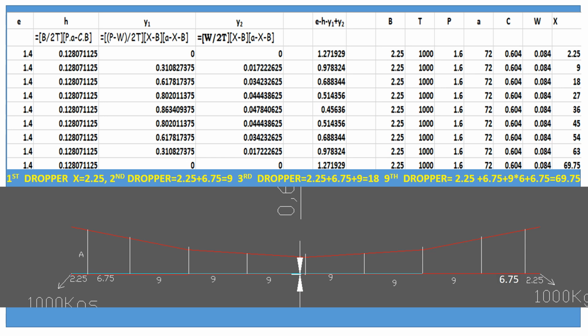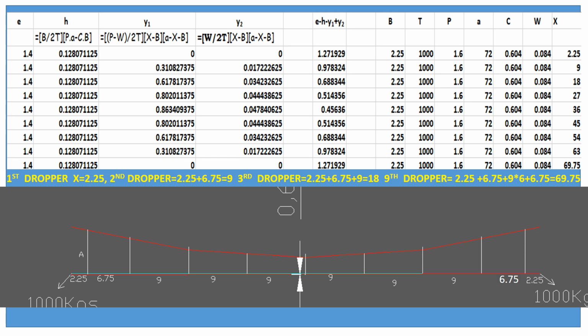But the hard work is how to find out the length of the dropper. We have already seen the calculation. After placing the first dropper, the catenary will sag somewhat. It is called H. After that, at the B dropper, the sag on the catenary is Y1 from the H height.